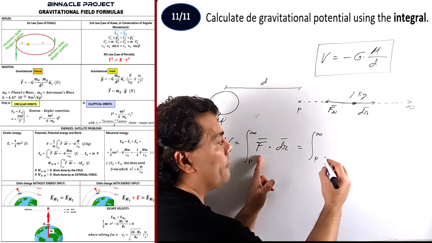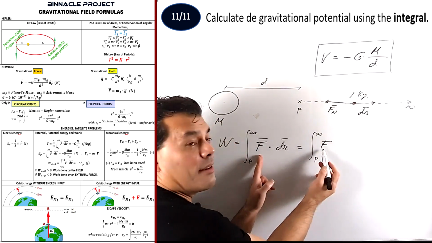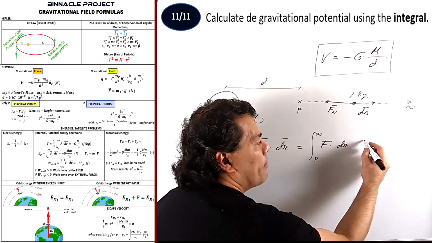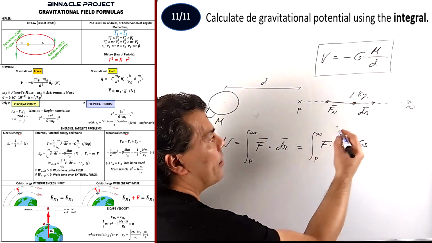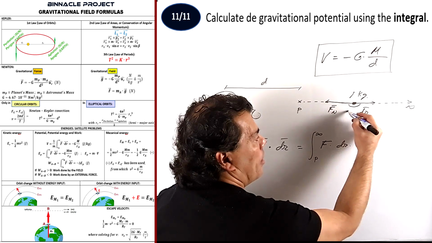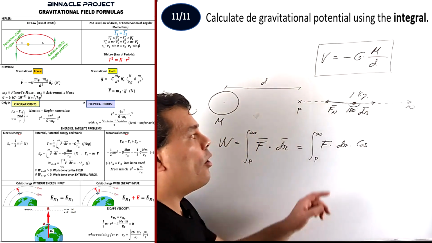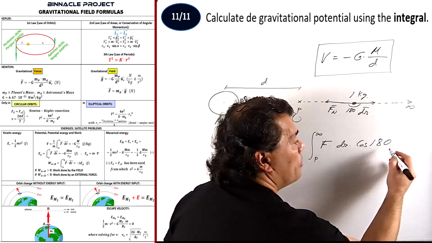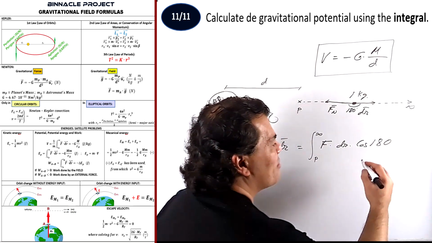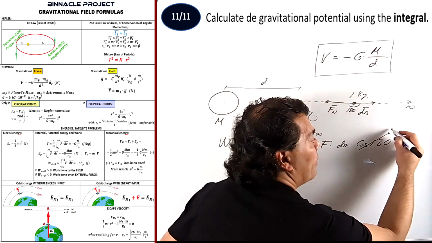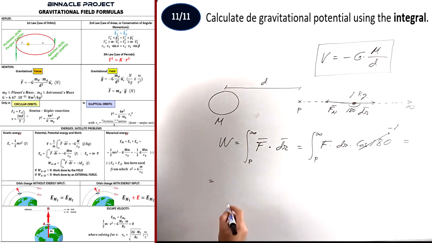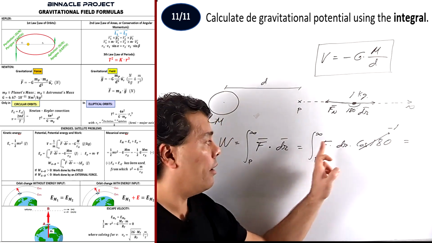The magnitude of the first one, the magnitude of the second one, multiplied by the cosine of the angle between them. And there you can see that we have 180 degrees. And if you use your calculator, you can see that the cosine of 180 is -1. So that's why I'm placing this -1 here.